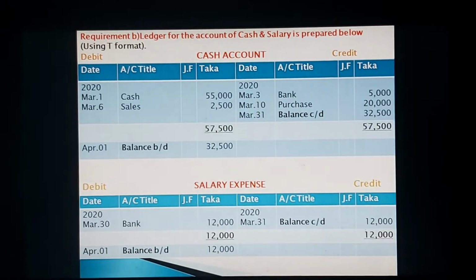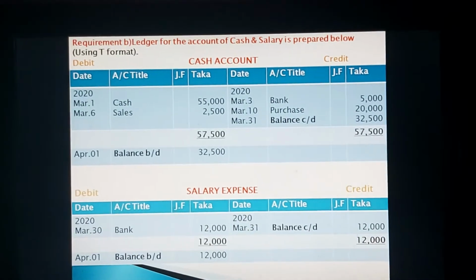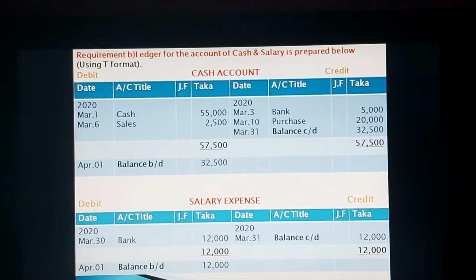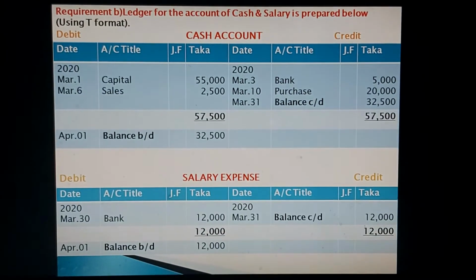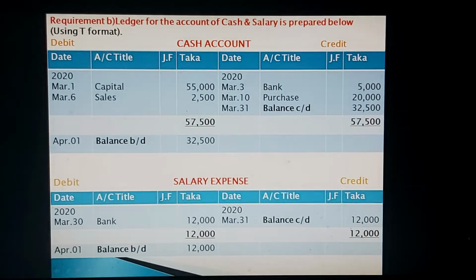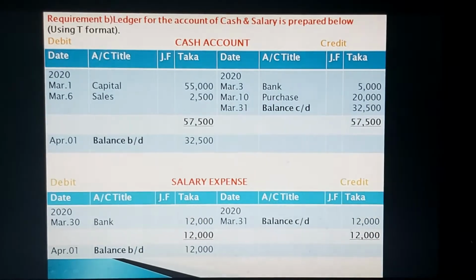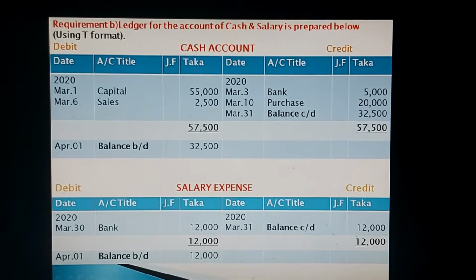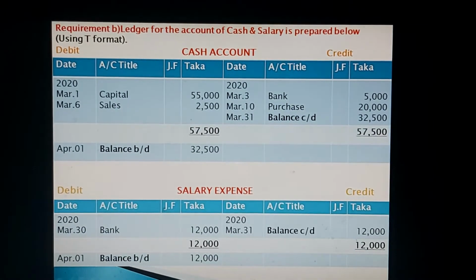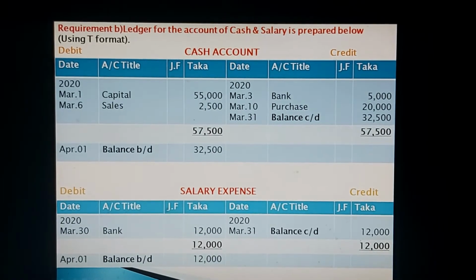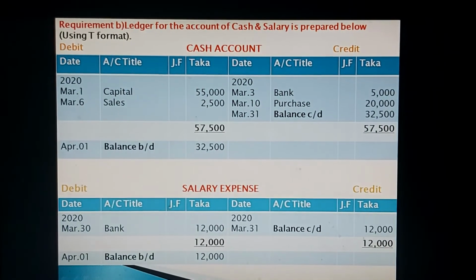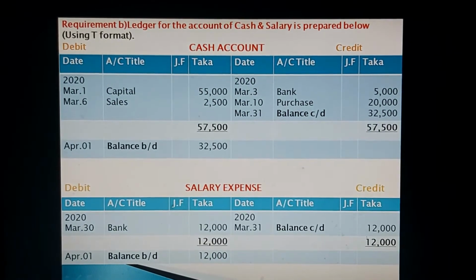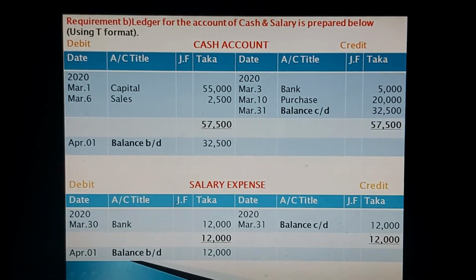Okay, you can see the next page. March 1 and March 6 in the debit side. In the debit side, March 1, capital account. I think you have understood from the previous lesson, when a ledger or an account is opened, then in the account title column is to be written the opposite account of the ledger account.